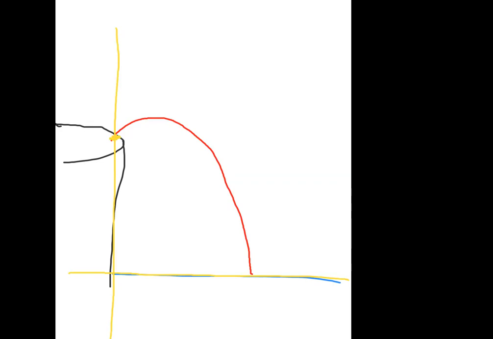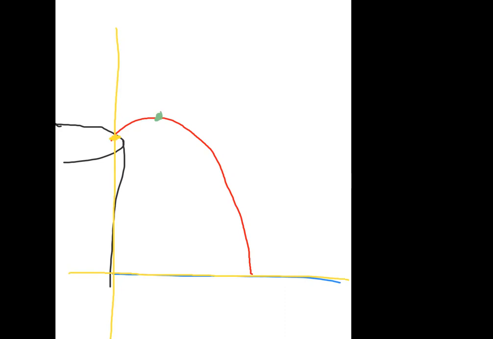We'll do an example problem in a minute, but think about the same things I'm going to ask you. How high did you get? Doesn't that still occur at the vertex? That's still going to be the y coordinate of the vertex.